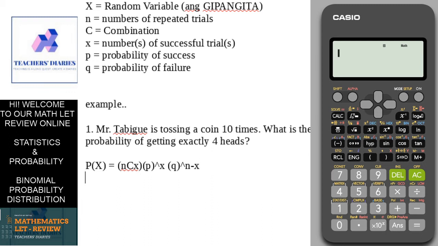Alright, now let's try to identify the given. Now we have x here, that what we're looking for, that would be 4. Alright, and small letter n, the number of repeated trials, that would be 10 times. Okay, 10 times, that would be the n.